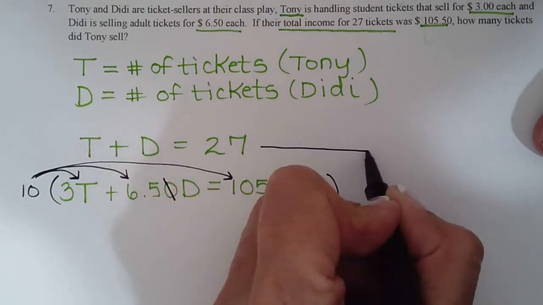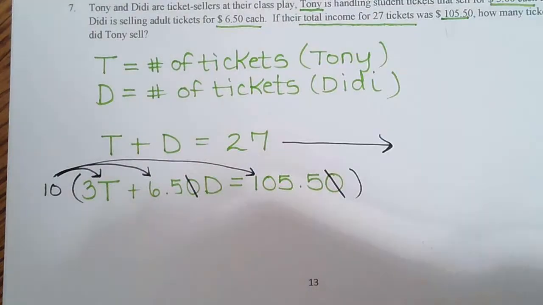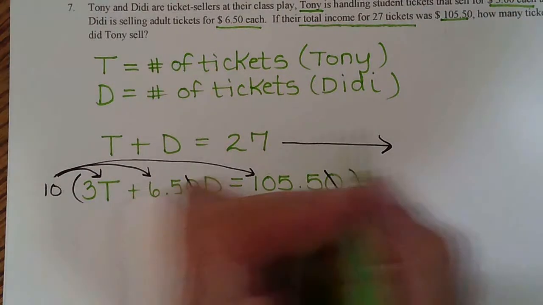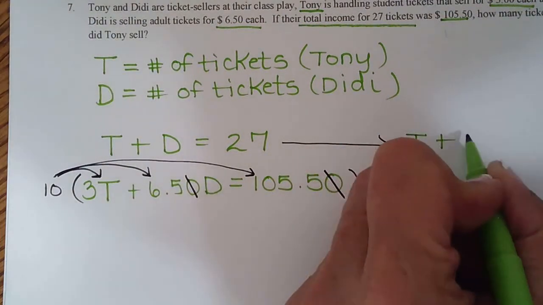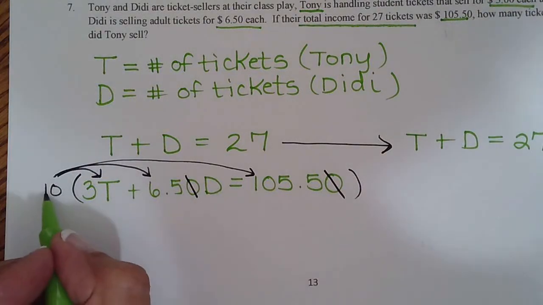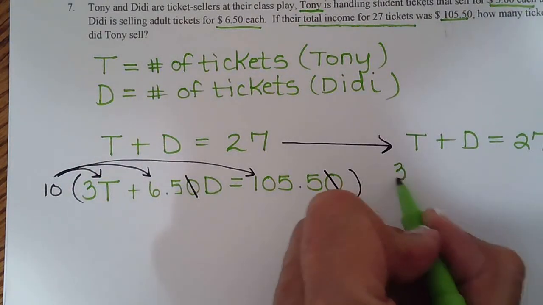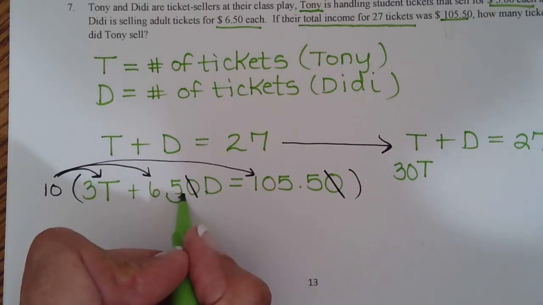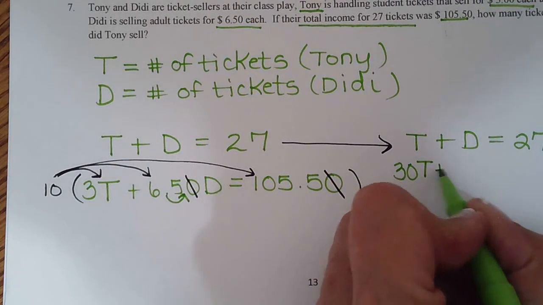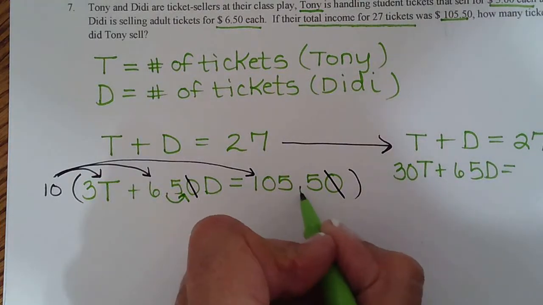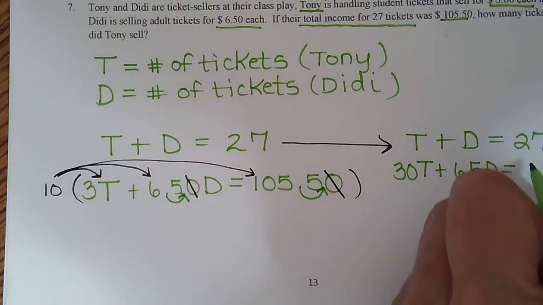So this first equation is going to stay the same. T plus D equals 27. And the second equation is going to be 10 times 3, 30T plus, move over one place, 65D equals 1,055.